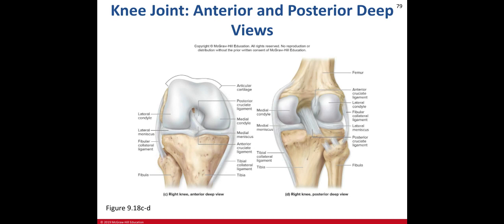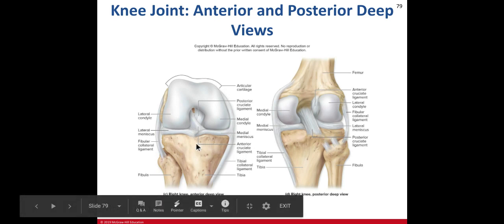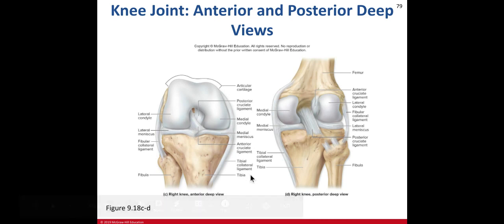And you'll see that you have this meniscus. You can have the medial meniscus, the lateral meniscus, and then you've got the ligaments associated, the anterior cruciate ligament, or ACL, the MCL as well, and then the fibular collateral ligament and tibial collateral ligament.